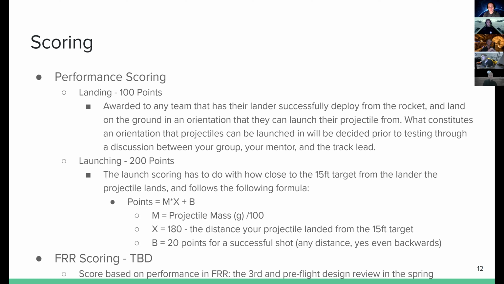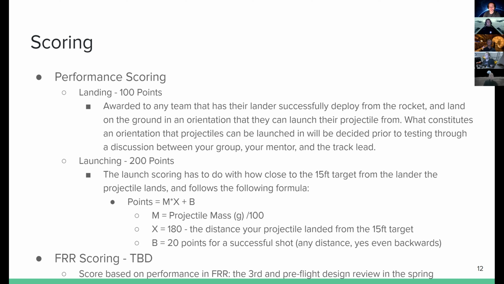The x is 180 minus the distance in inches that your projectile lands from the 15-foot target. And then the b is just a flat 20 points for a successful shot. It doesn't matter where it goes. If it shoots backwards, whatever. If you successfully get your projectile to leave your payload in a reasonable shooting action, then you at least get 20 points.